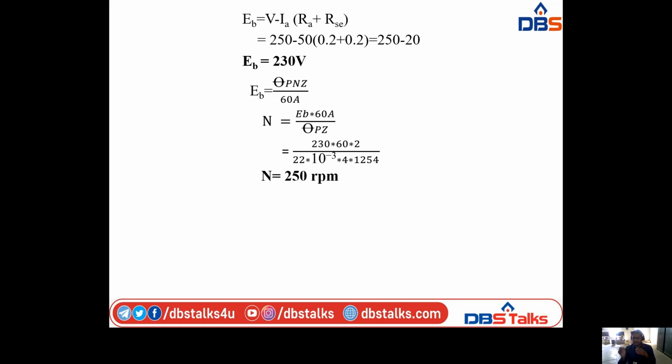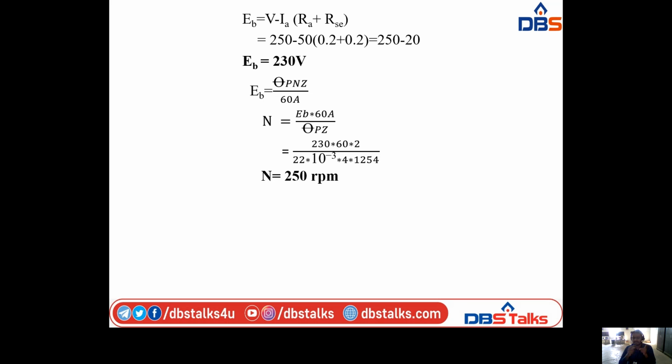Here the field winding is connected in series to the armature winding of the DC motor, that's why the series field winding value is 0.2. Finally we have 230 volts as the back EMF.